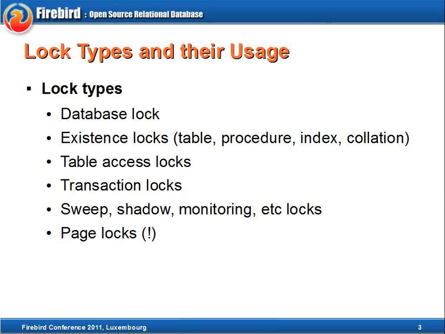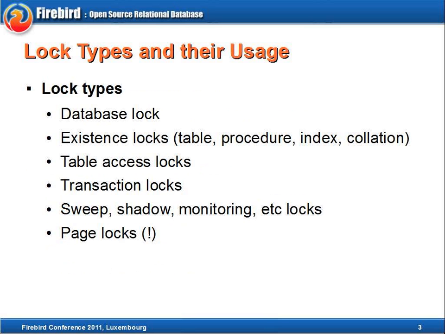What kind of locks does Firebird use? Actually, there are many of them, maybe 30 or so. Almost any shared resource must be protected with locks. So, different goals. For example, we have so-called existence locks.